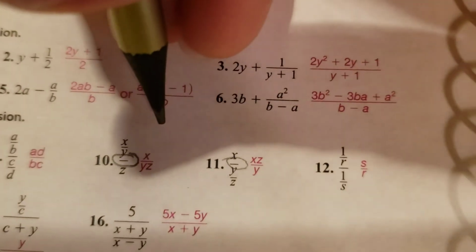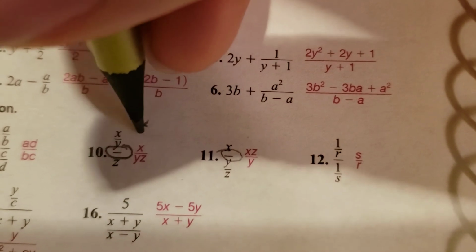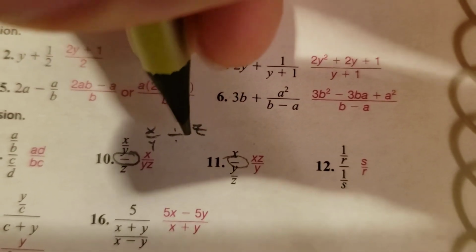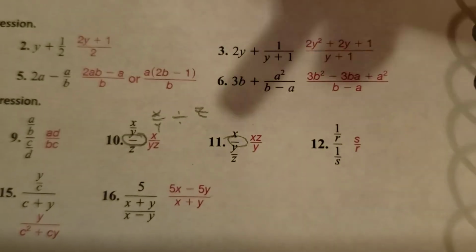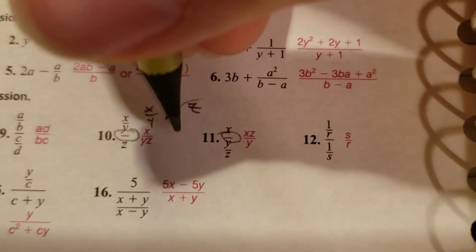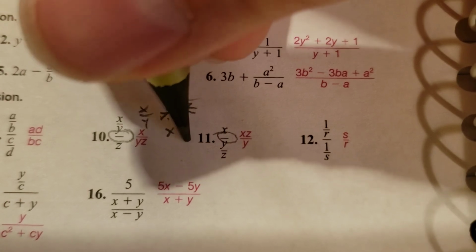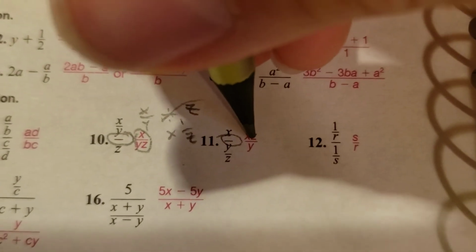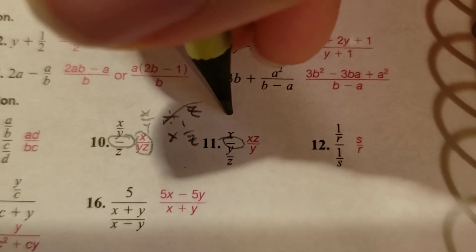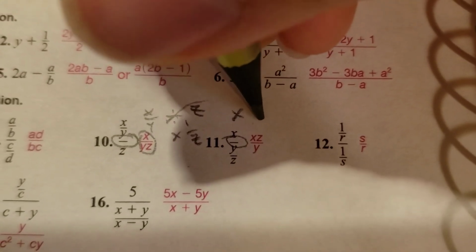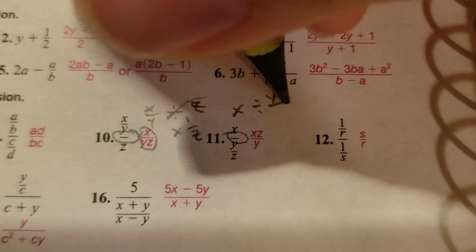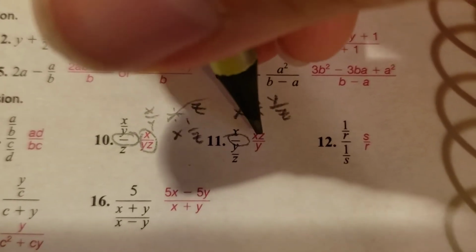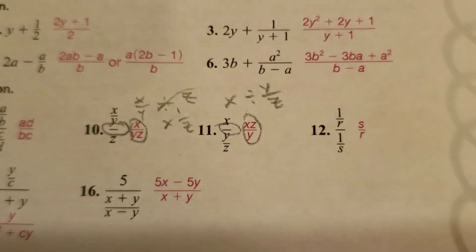So for number 10, it'd be x over y divided by z, which is times 1 over z, which gives us this. Or this, x divided by y over z. Then keep, change, flip, and you get xz over y.